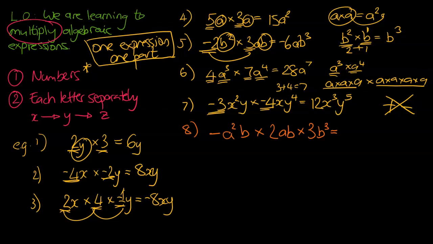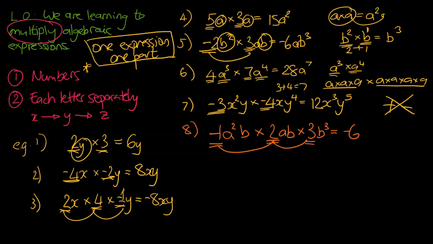First step, we deal with the numbers. Don't forget there's no number in front of the first term, which means there's an invisible 1 sitting there, so that's negative 1. We've got negative 1, 2, and 3. Negative 1 times 2 is negative 2, times 3 is negative 6.